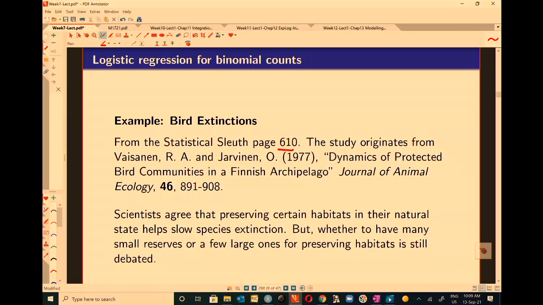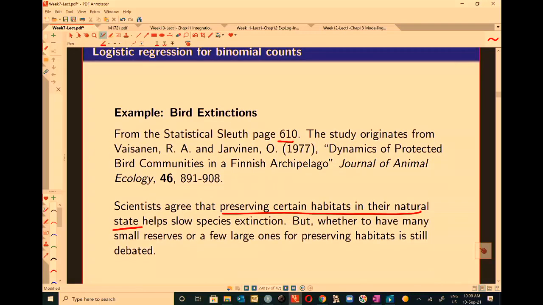And the idea is that preserving certain habitats in their natural state helps slow species extinction. It's a matter of deciding whether you would want to have a few large habitats or a lot of small ones, which is better.